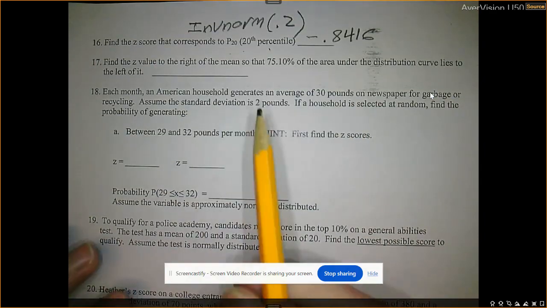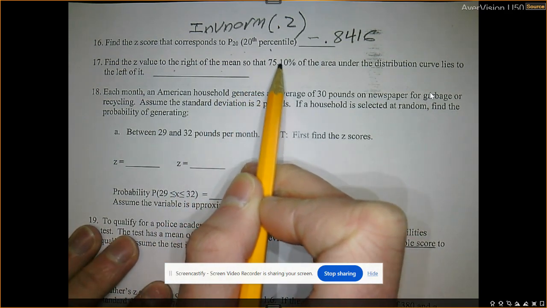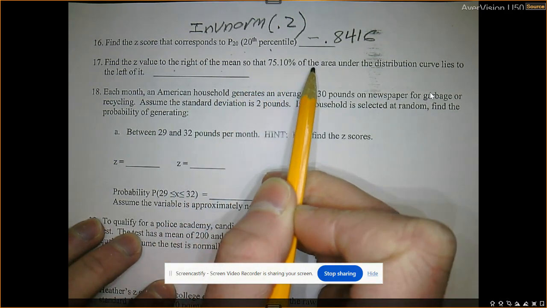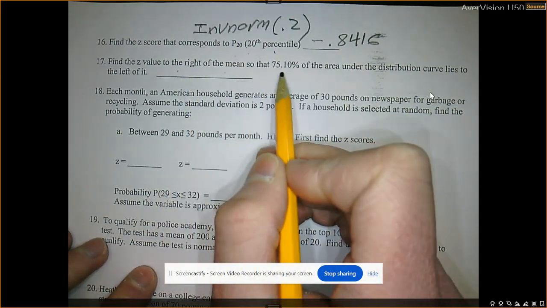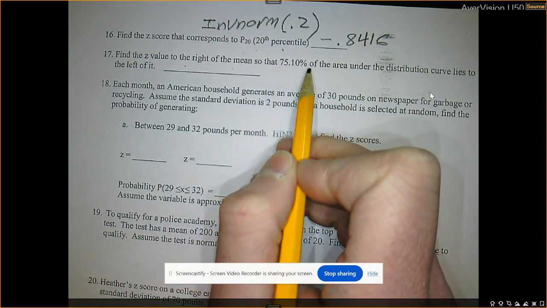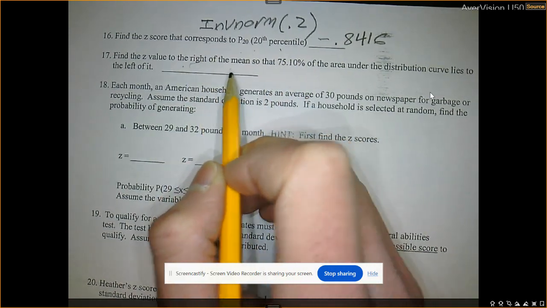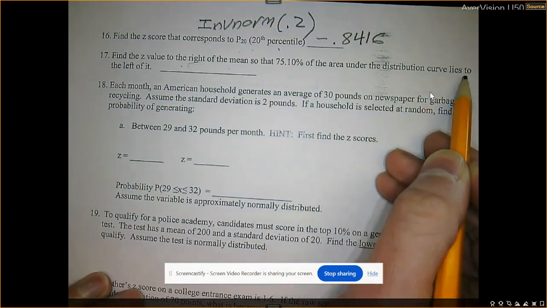Okay, find the z-value to the right of the mean so that 75.1% of the area under the distribution curve lies to the left of it. Okay, it's saying to the right of the mean because this is greater than 50%, so that's going to be to the right of the mean. Don't let that word right throw you off. It's still under the distribution curve lies to the left of it.